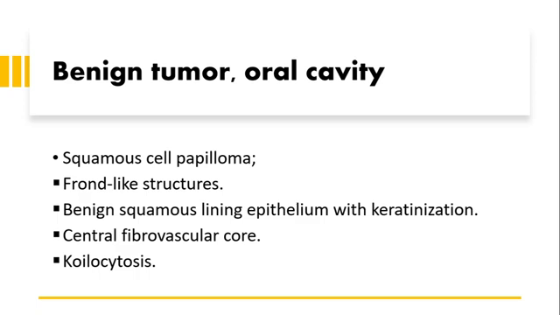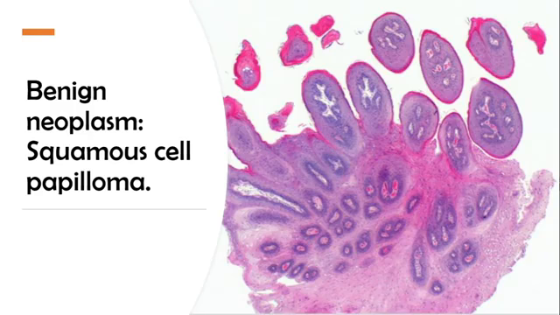Squamous cell papilloma is characterized by frond-like or papillary, finger-like projections made up of proliferating, thickened, benign keratinocytes or stratified squamous epithelium with excessive keratinization or keratin production.